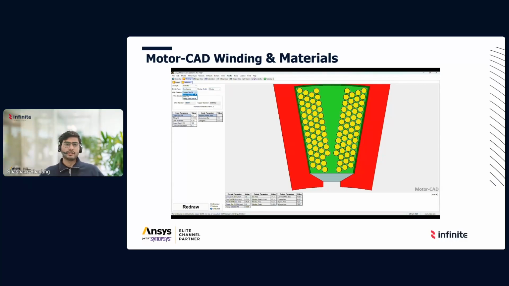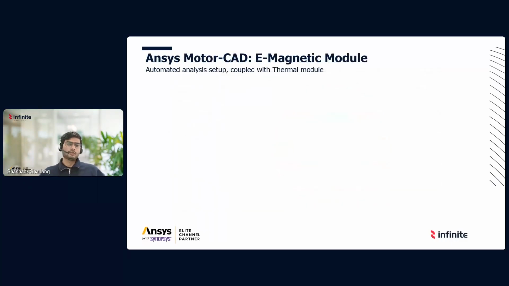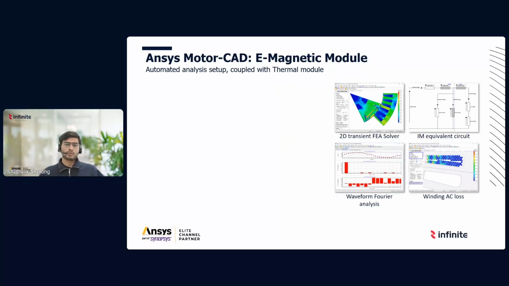And once you have set all these, the first module you would go to is the e-magnetic module. In the electromagnetic module, you have a combined 2D transient FEA and an analytical method for motors. This means you do not have a complete 3D model, but you have a 2D FEA that is analyzed and extrapolated to the actual length that you define for the motor.